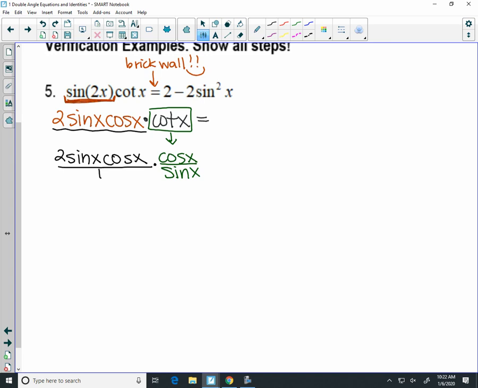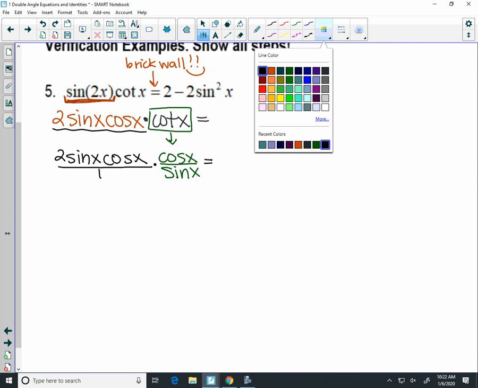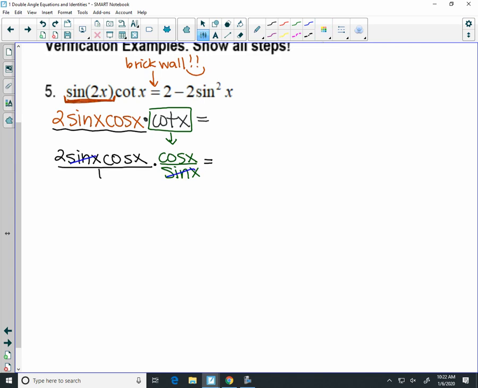I think it's really helpful, once you start introducing fractions into your problems, to just make everything a fraction. See anything that cancels? Yeah. I have a sine on top and a sine on the bottom, and it's all multiplication, so it's totally legal. It would not have been legal if I had addition somewhere in there. All multiplication, remember, canceling is division.